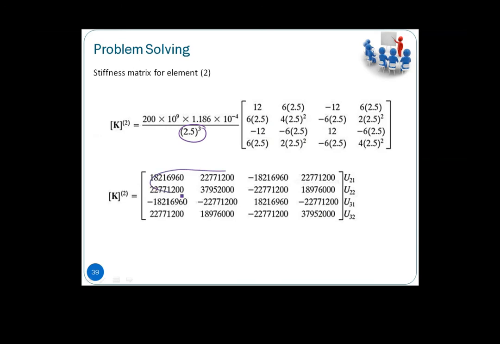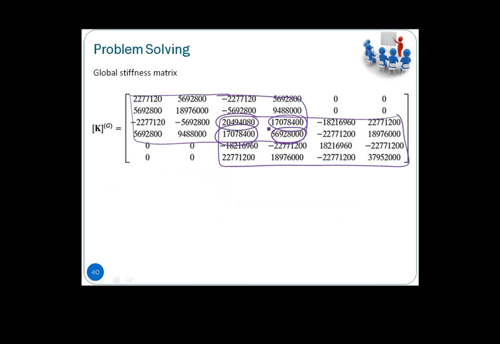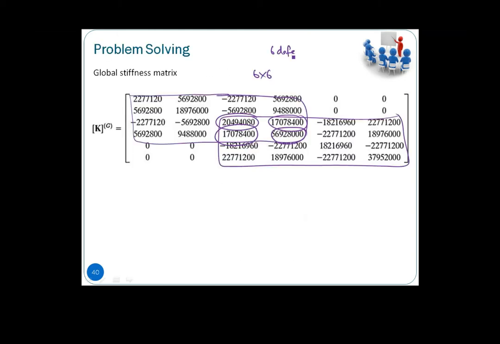These parts add up with the element 1 parts. So the summation of these 2 will give these values. So that is our global stiffness matrix of 6 times 6, 6 degrees of freedom. Each node has 2 degrees of freedom. That is our KG global stiffness matrix.